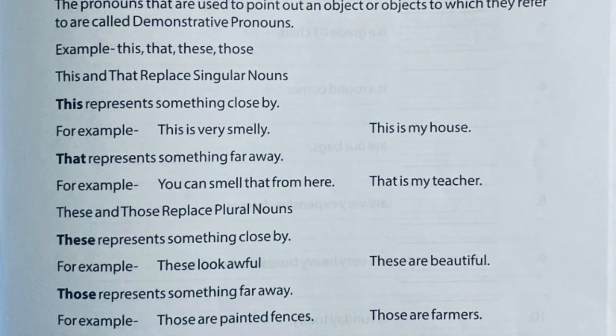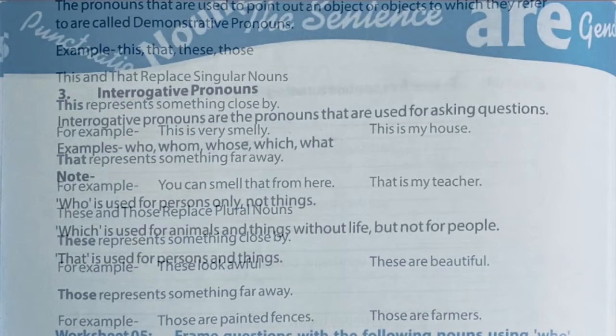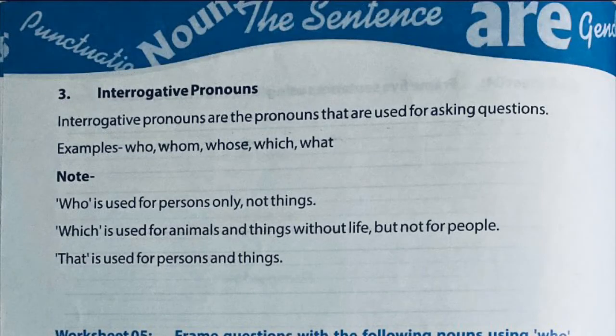Now I request you all to open page number 60 so that we can discuss interrogative pronouns. Okay, what are interrogative pronouns? Interrogative pronouns are the pronouns that are used for asking questions. They include words which help us to ask a question.